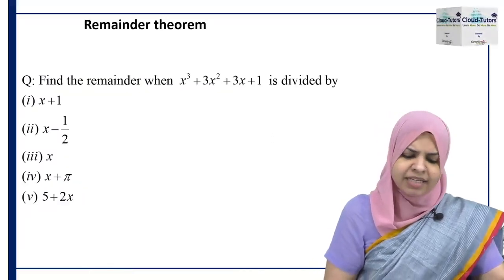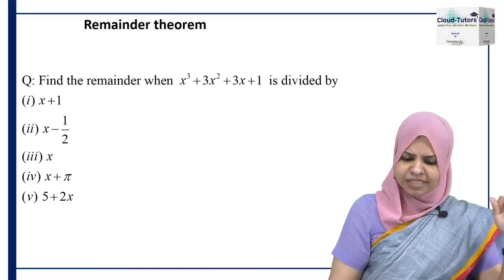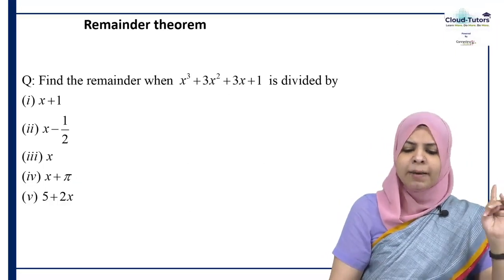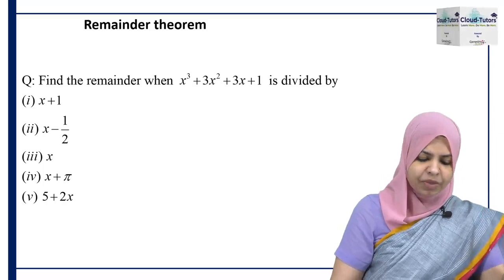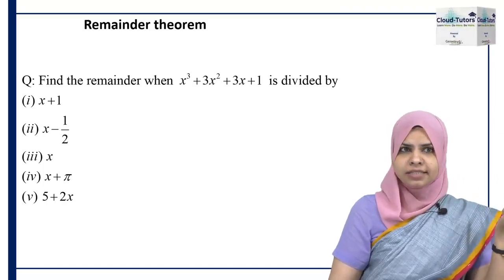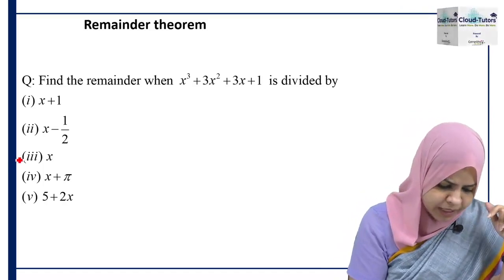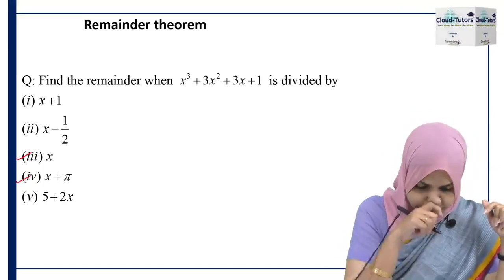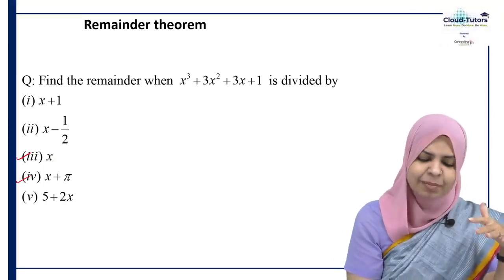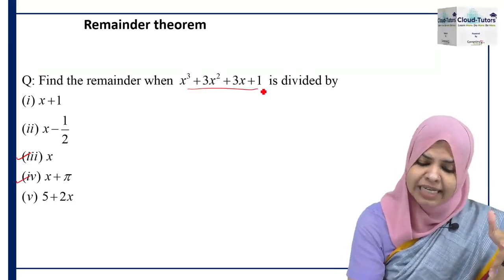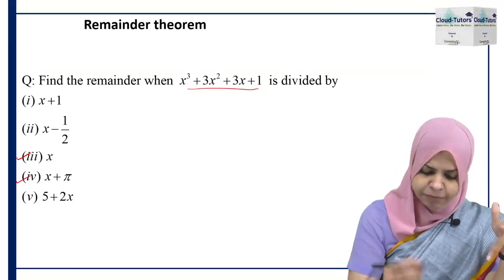Now find the remainder when x cubed plus 3x squared plus 3x plus 1 is divided by each of these. I will not do all the instances; I will pick up two. What am I doing? This is nothing but g of x, and I have to divide this by it.